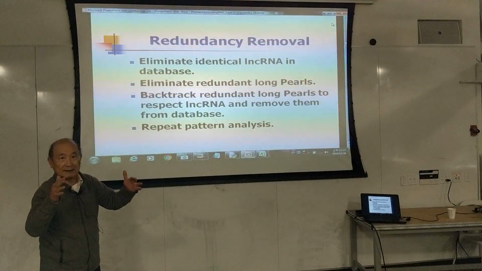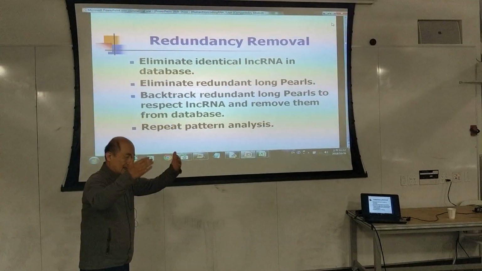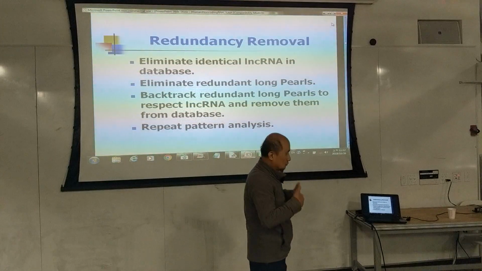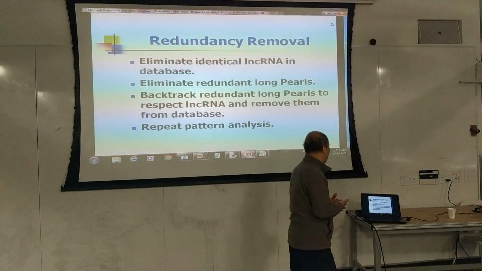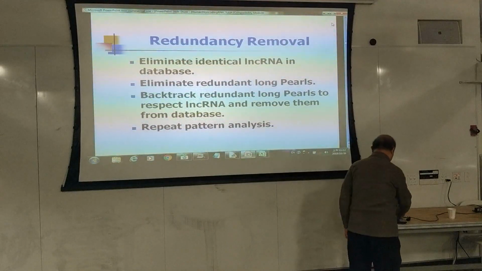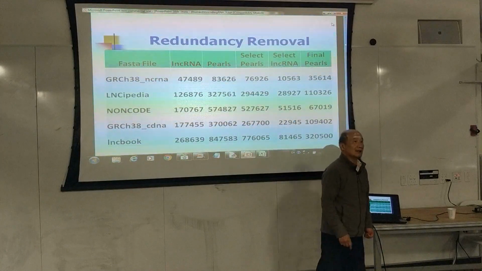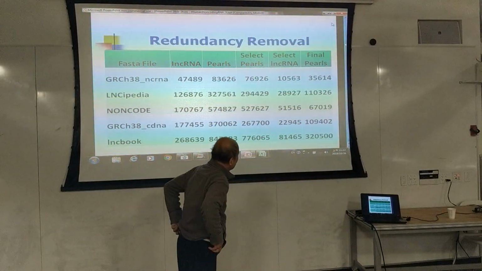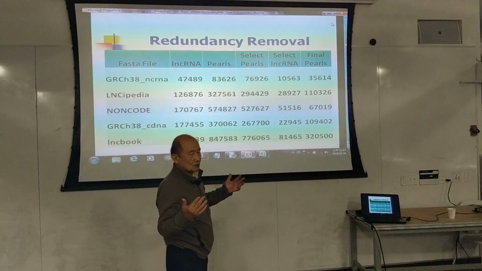Once you remove all this redundancy, I can do the analysis again, and for sure the long non-coding RNA gets cleaned up. So I think this way I can get a list of pairs which are more meaningful in the final analysis.